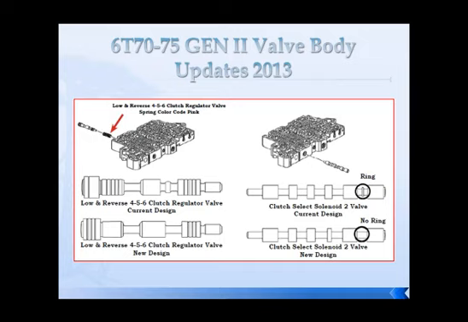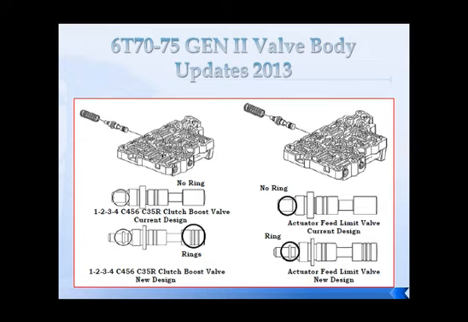The 4-5-6 clutch, first design, second design regulator valve. The solenoid number 2, select valve number 2, first design and second design. 3-5 reverse boost valve, first design and second design.